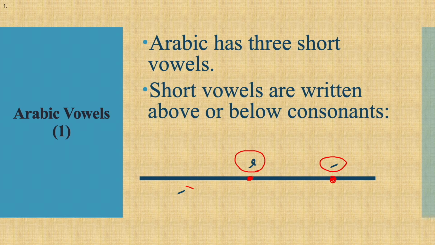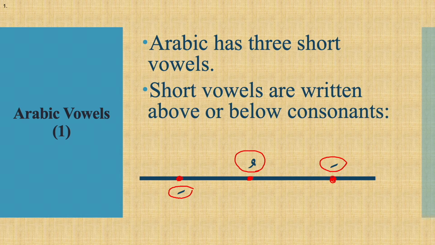If you write this symbol here, it looks exactly the same as the short a. But below the consonant, let's say you have a consonant here, then you've added a short I after that consonant.